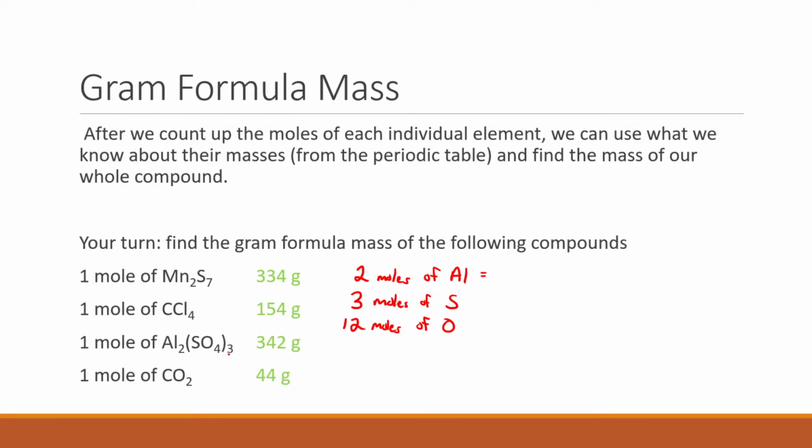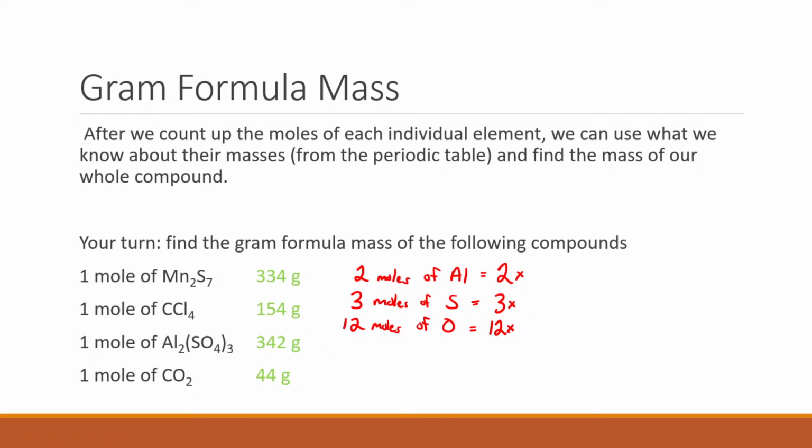This 3 distributes inwards, and we identify those elements just like we did a minute ago. We need 2 times whatever aluminum weighs, 3 times whatever sulfur weighs, and 12 times whatever oxygen weighs.